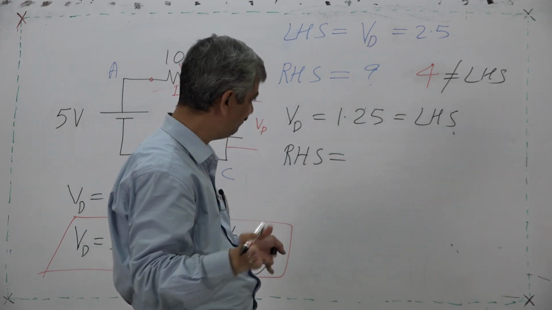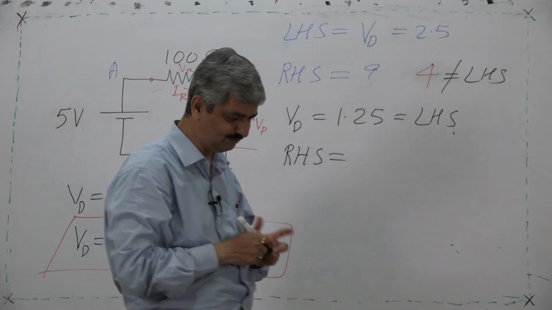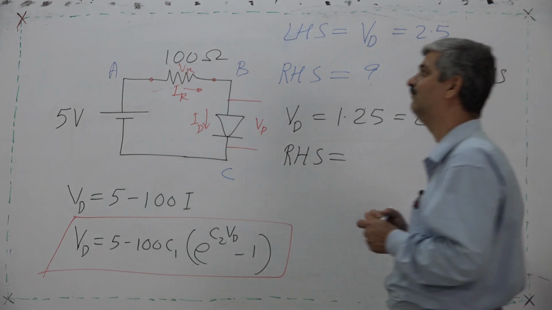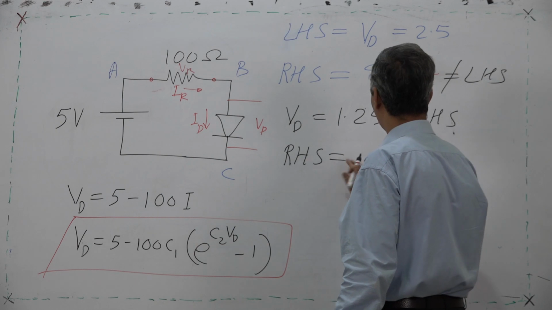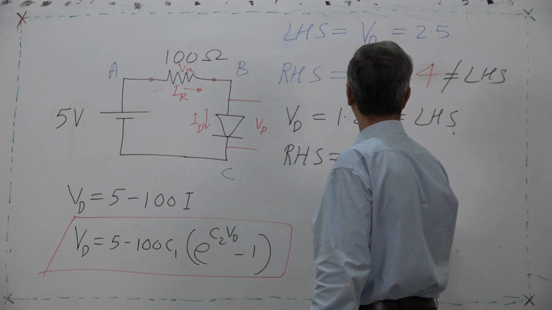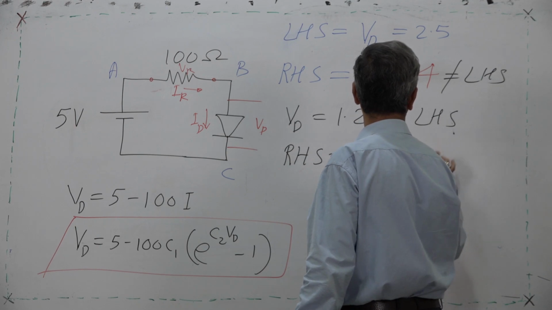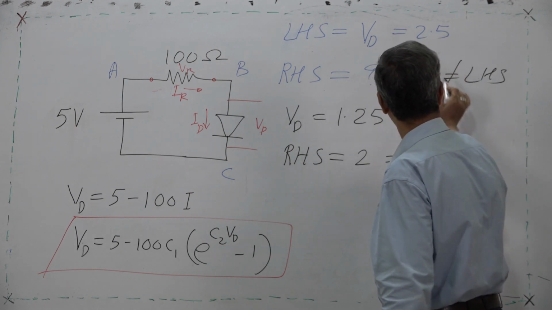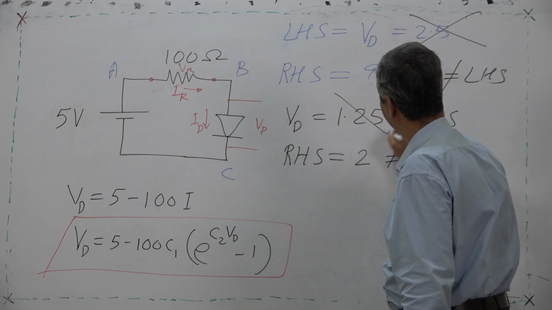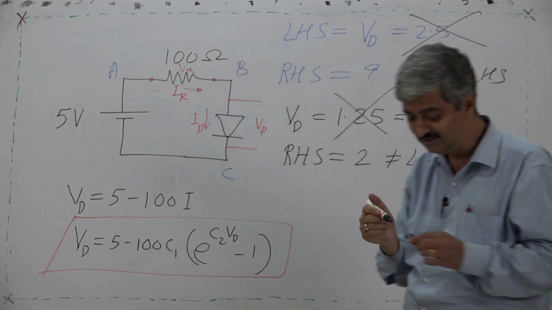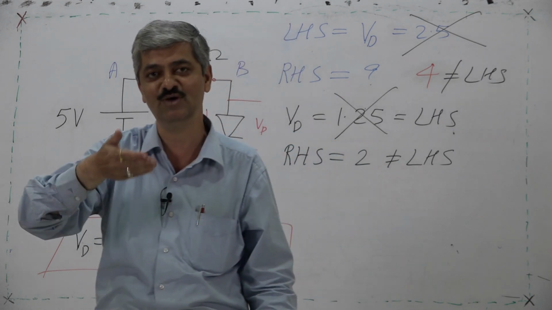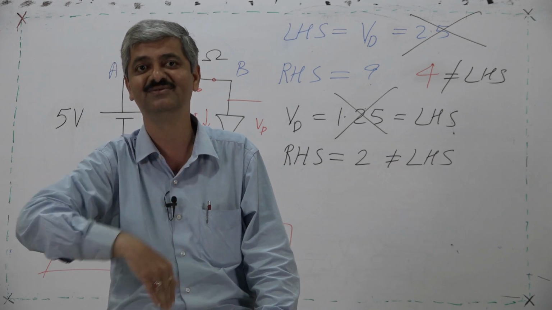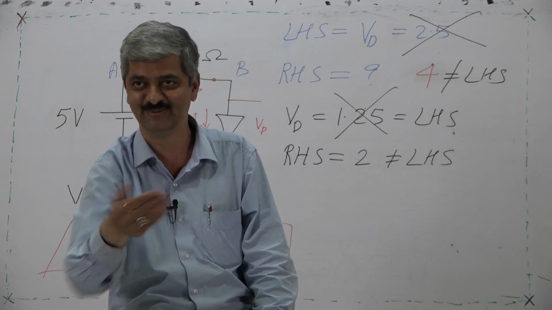Find RHS. Suppose you find RHS as 2, which is not equal to LHS. This is also a wrong answer; 1.25 is also wrong. Then what should you choose? Between 1.25 and 2.5, half of that, or between 1.25 and 0, half of that.